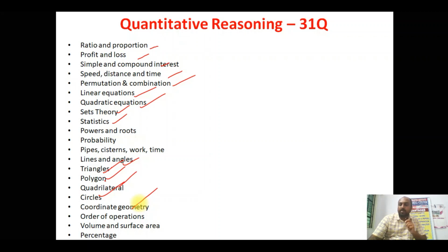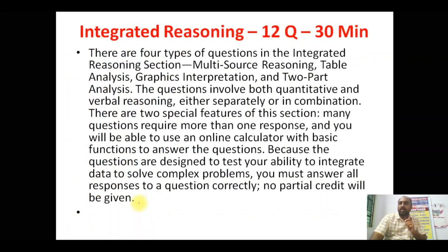And also business arithmetic like percentages, ratios, mixtures, all this will be covered in numerical ability and this business aptitude part, right? This is how these 31 quantitative aptitude questions will cover all these areas.